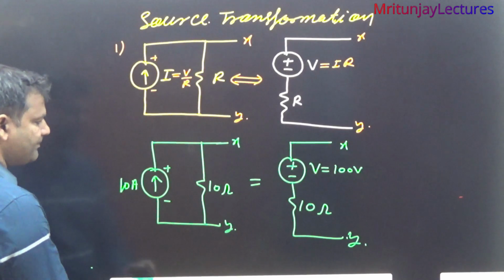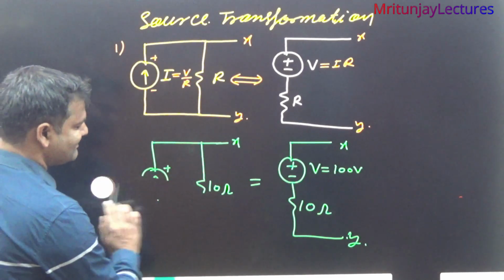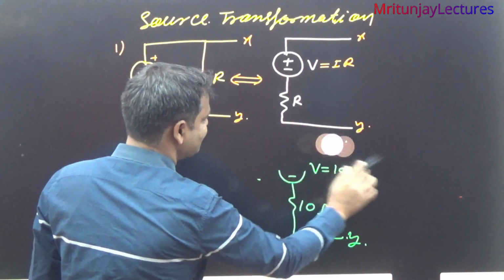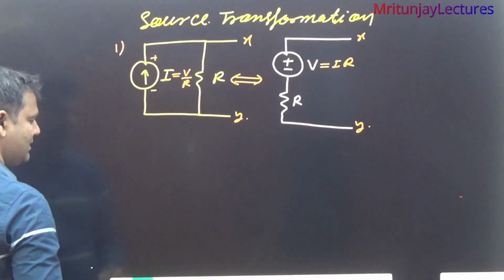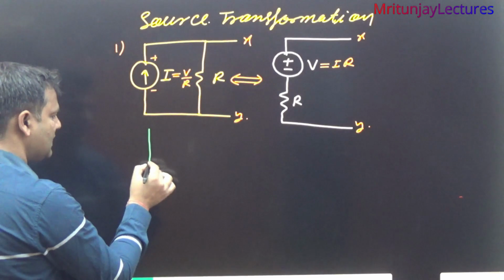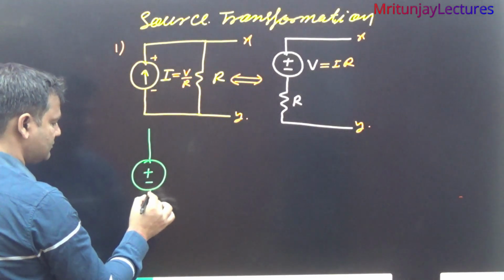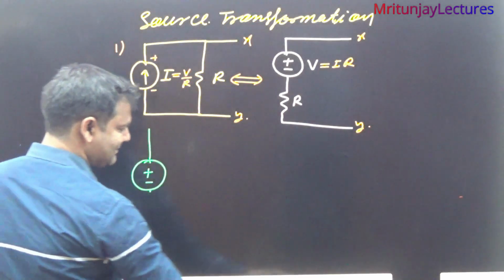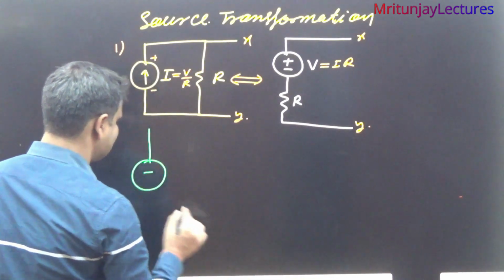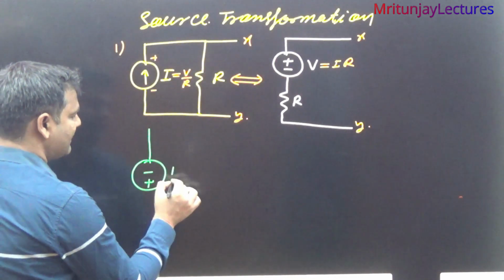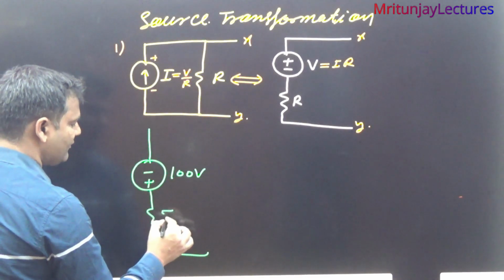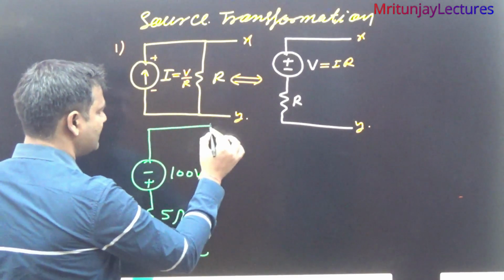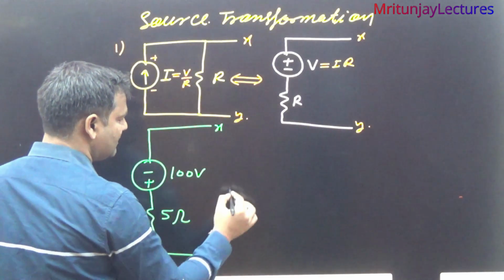Now, make another way. Otherwise, take a voltage source of 100 volt with a 5 ohm resistance connected, here X, here Y terminal.